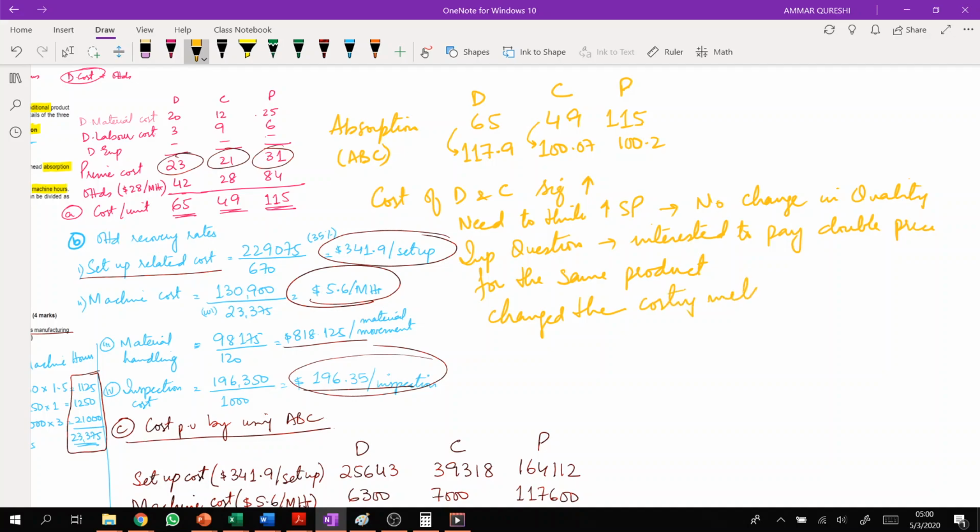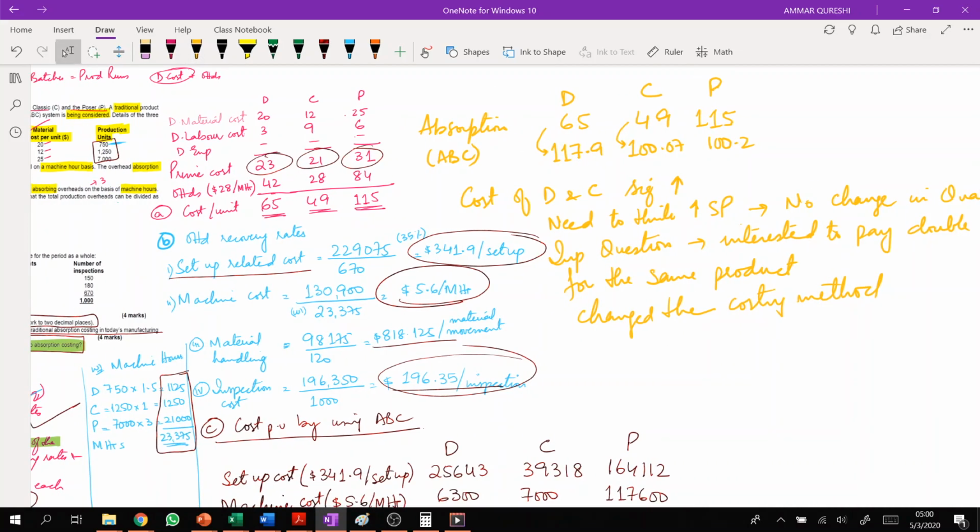This is not a good idea, to charge more for the same product with the same quality. So the company cannot increase the selling price in this case. Rather, the company needs to control cost in this situation. Cost controlling is required. Although this was not part of the requirement of the question, you can give a hint about this.